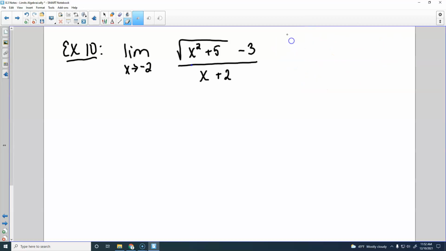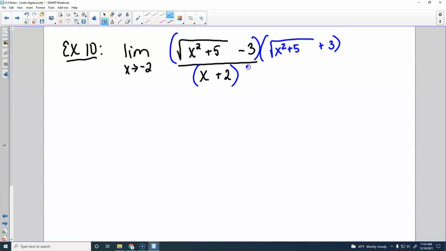So here, we want to multiply by the square root of x squared plus 5 plus 3. And so when we multiply here, we will get x squared plus 5.